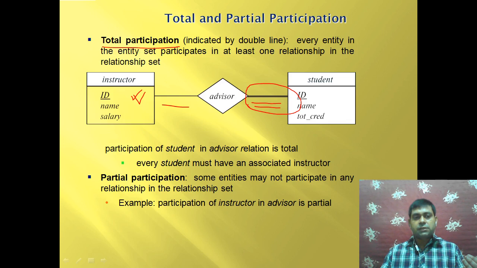Maybe he or she is not participating in this relationship. That is why, if not all the instructors are taking part in this relationship, there is a single line. But all the students are involved in this relationship, meaning they are getting advice from at least one instructor. So that is why there is total participation. Okay. So this is how we have to understand this.